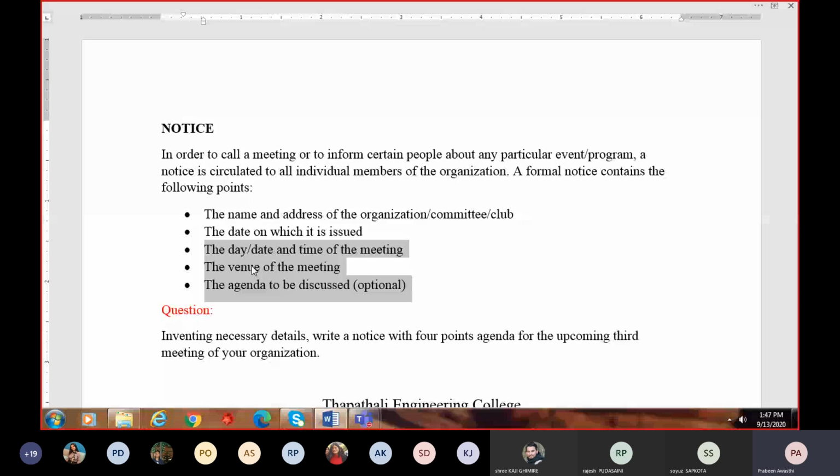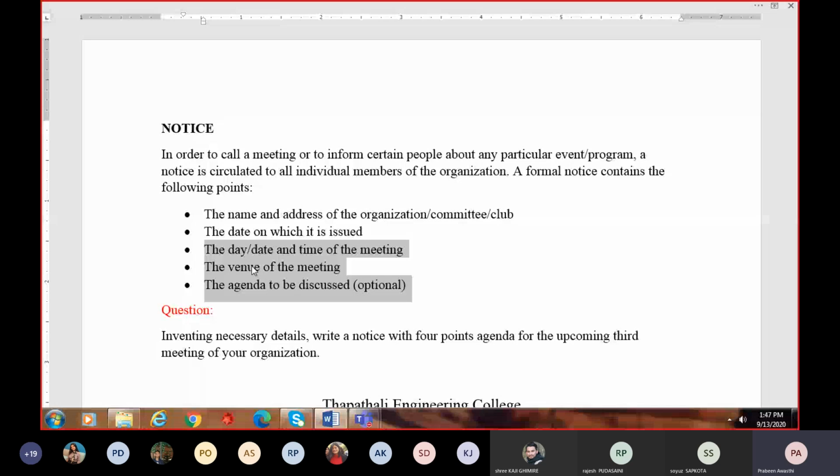But minutes are written after the meeting. Minutes include the discussions and decisions made, whereas notice includes the topics of discussion. Minutes include discussions and conclusions made, right?